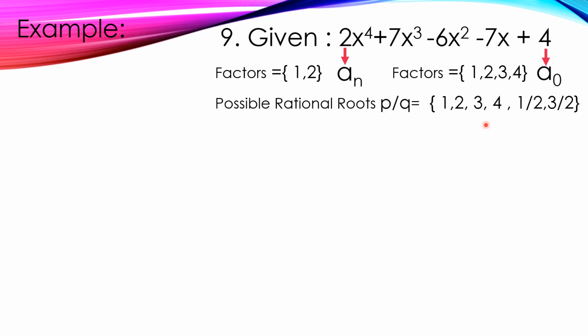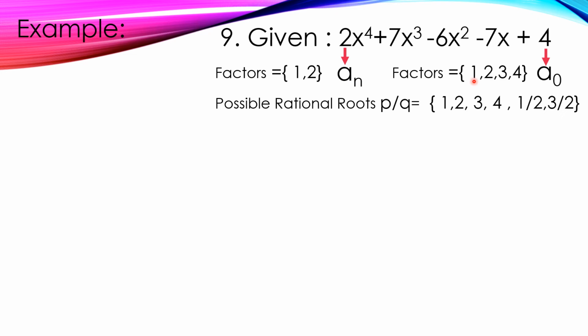Then afterwards, we're going to identify all the possible rational roots represented by p over q. So take note that p over q should be in the lowest term. So first, we're going to represent this set of factors divided by the factors of a sub n.